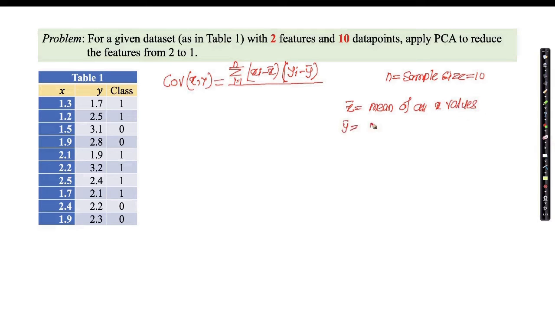Y bar is the mean of all y values. Then we will multiply the values of x minus x bar for all x's with y minus y bar for all y's. Then the sum will be divided by the sample size n minus 1.